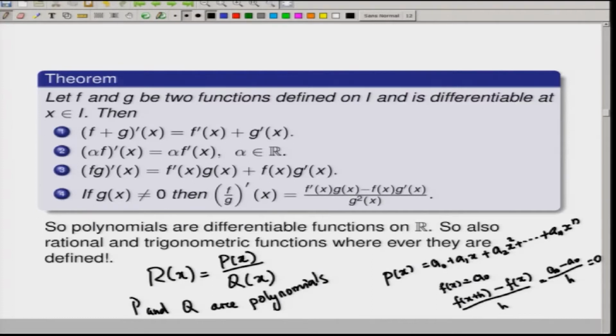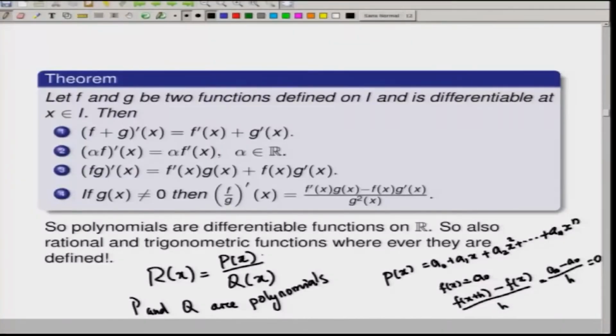We understand that whenever we are talking about the rational function, q of x is not equal to 0 at those points I am talking about R x.